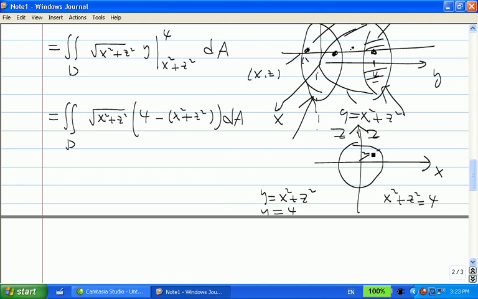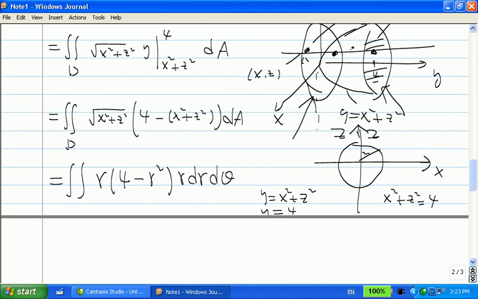Radius is 2. So for this kind of integral, it's easy to do by using polar coordinates. If we do polar coordinates, square root of x squared plus z squared just gives you r. Then you get 4 minus r squared, and change your dA to r dr d theta.